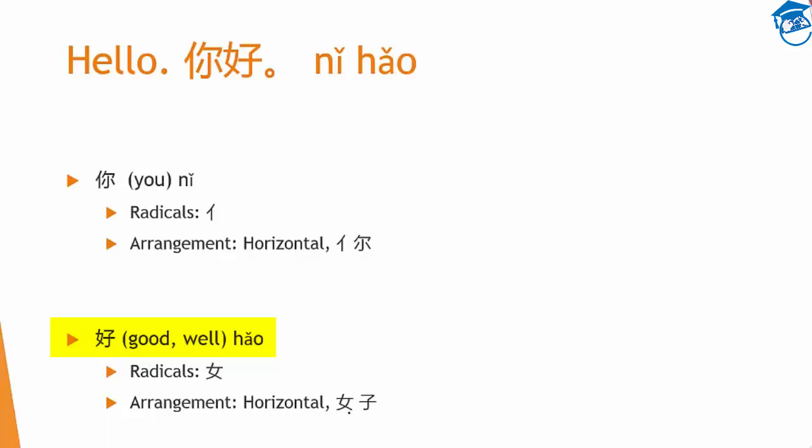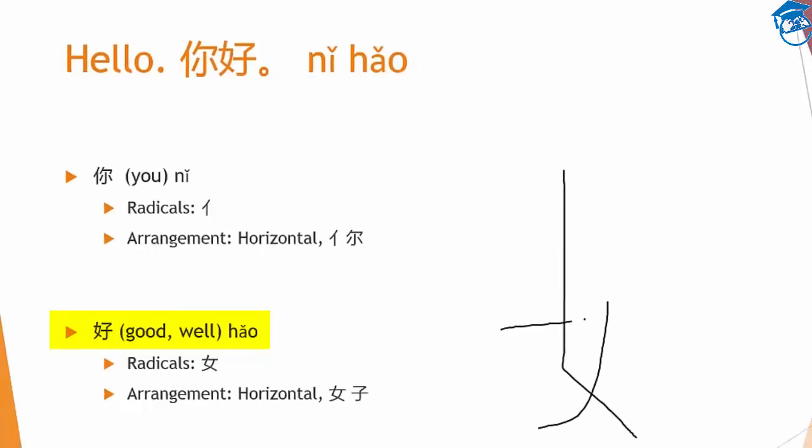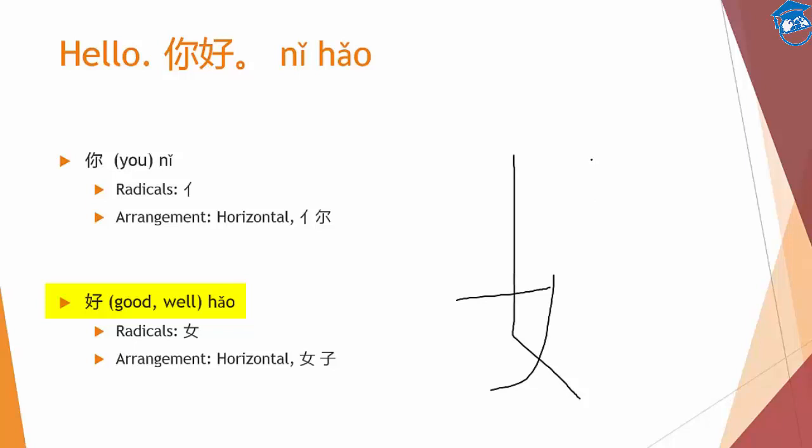It is a combination of nu, and if you remember, this means son or boy. Let's take a look at how it's written. So first stroke, second, third, fourth, fifth, and sixth. Okay, it's a bit ugly, but it illustrates the point.